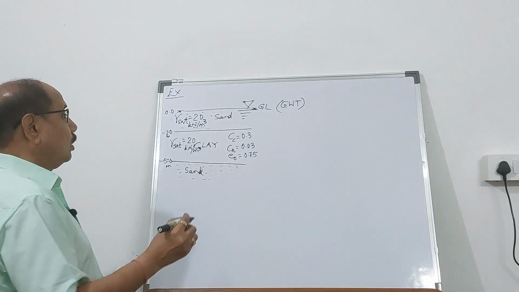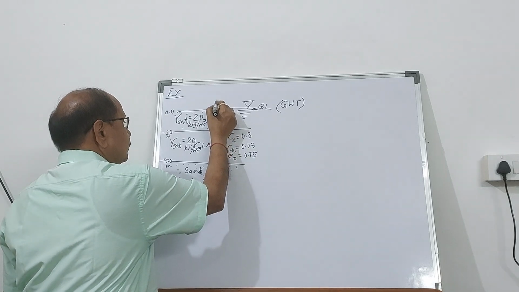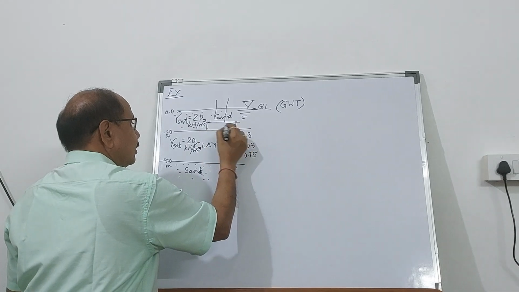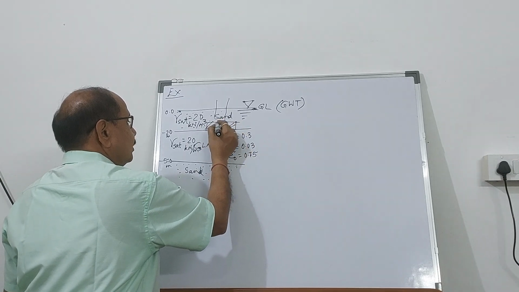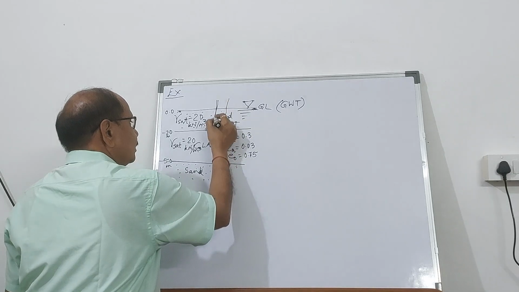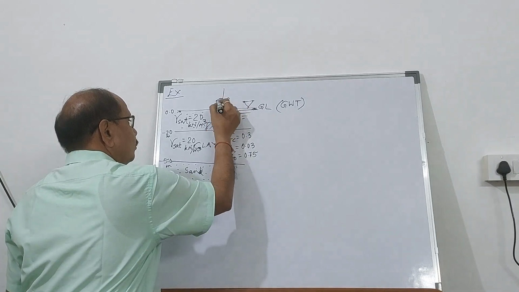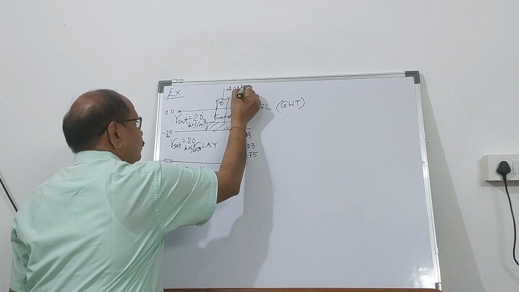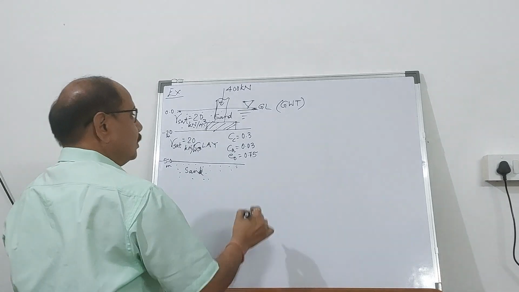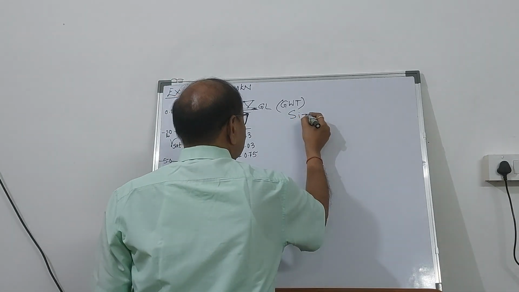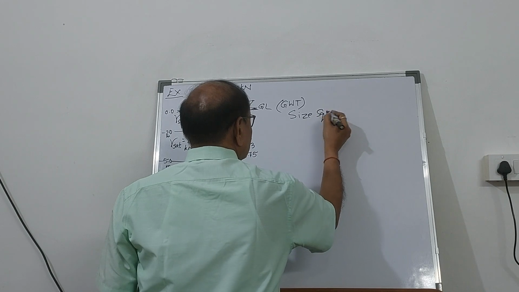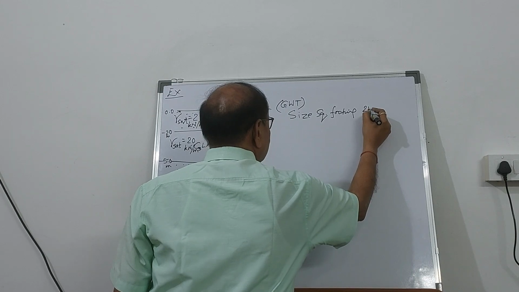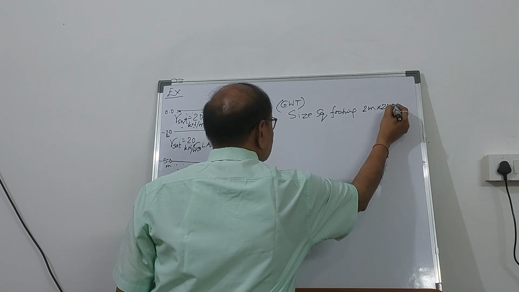Now, you are going to have a footing. A column comes and you are going to have a footing over here. So this is the footing, the square footing. This is the column which transmits a load of 400 kilonewton. The size of the square footing is 2 meter by 2 meter.